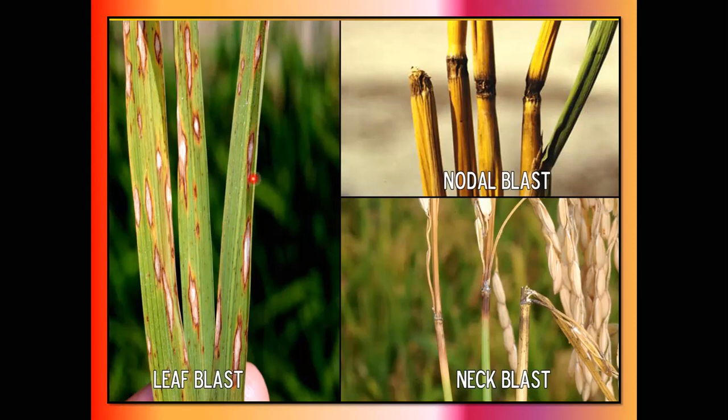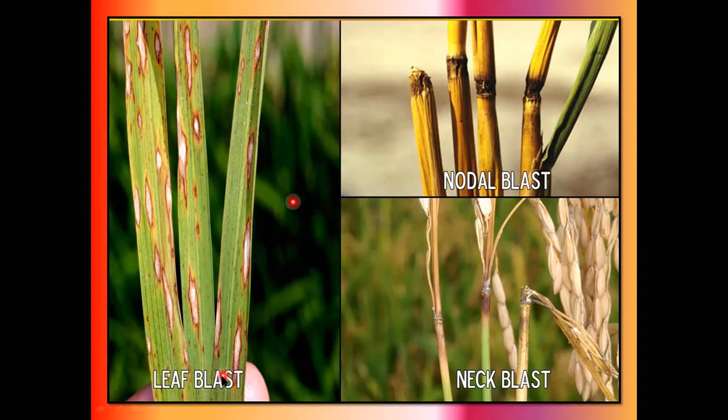This pathogen develops symptoms on leaf, sheath, nodes, panicles, and also the glumes, meaning all the aerial parts of the rice show this type of symptoms. These are leaf blast symptoms, nodal blast symptoms, neck blast or panicle blast symptoms, and glume blast symptoms.